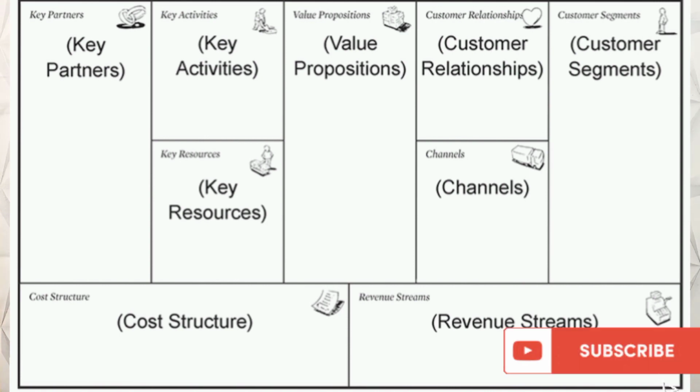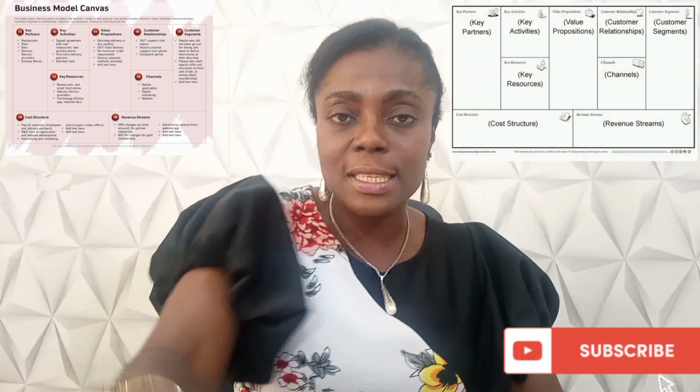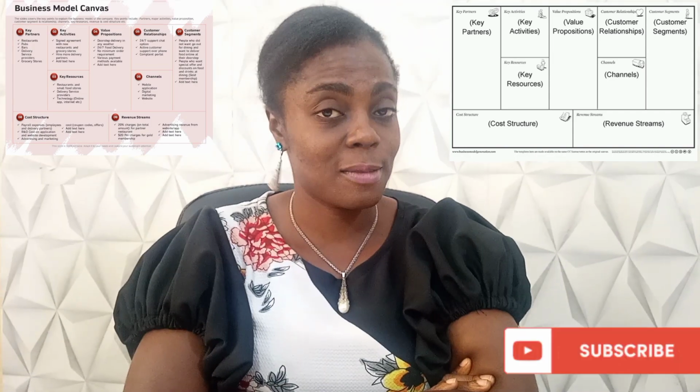The organization is at one side, the value proposition is in the middle, and the customer segment is at the other side. So the organization provides the value in the middle to the customer. I repeat, the organization in question, that's your business setup, provides the value in the middle, which is the value proposition, to the customers.